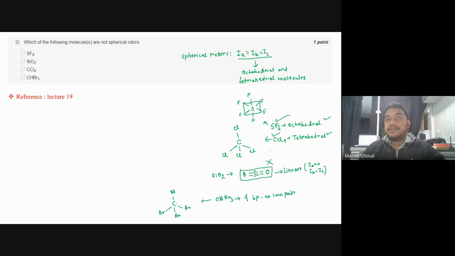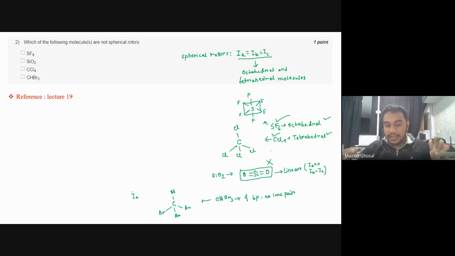So the distribution of mass is not proper. It is not properly distributed. For this case, IA, IB and IC, these three will not be equal.